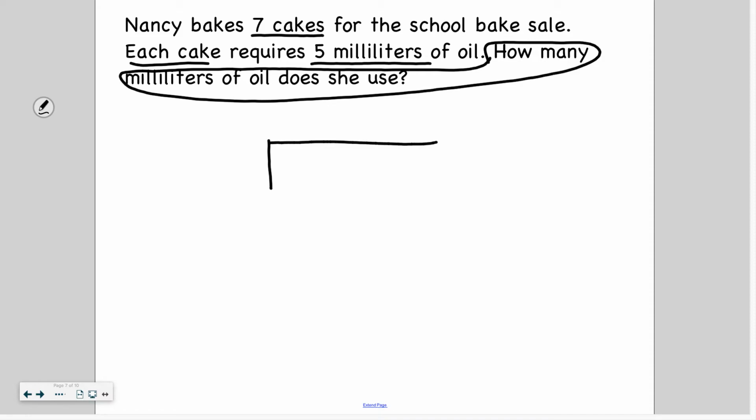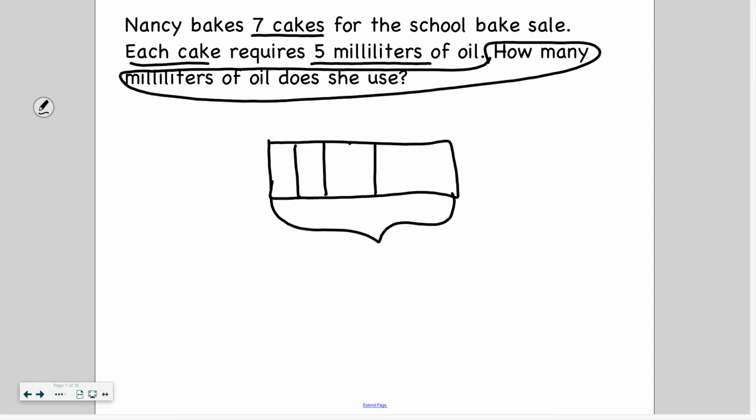So again, let's draw our tape diagram. This time we don't know the total. That's what we're trying to figure out. But we do know our number of groups and the size of those groups. So what is the number of groups that we have? Well, we have 7 cakes, so that's 7 groups. And we know that each cake uses how much oil? 5 milliliters.